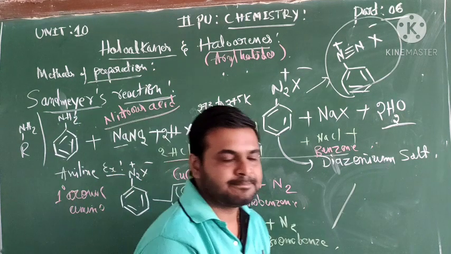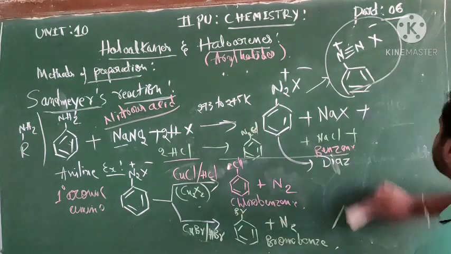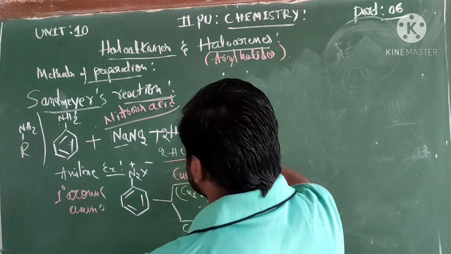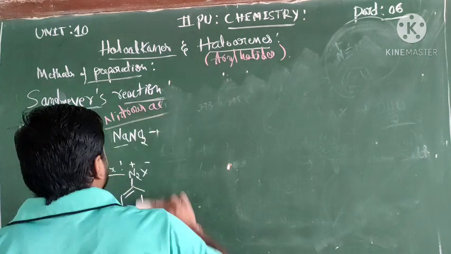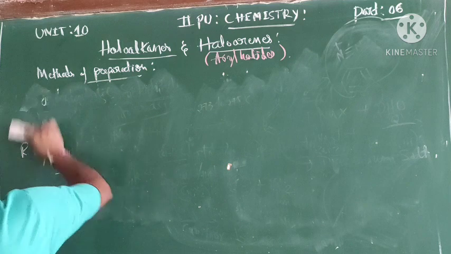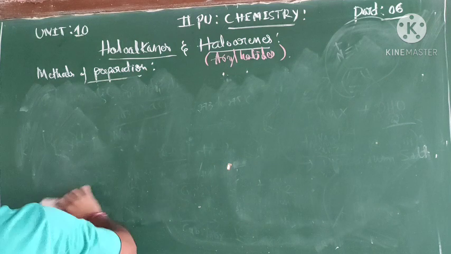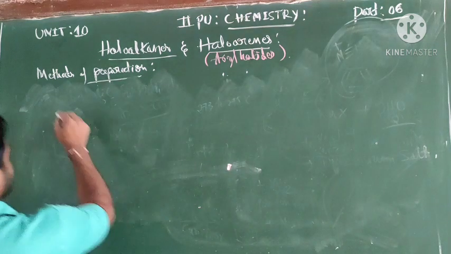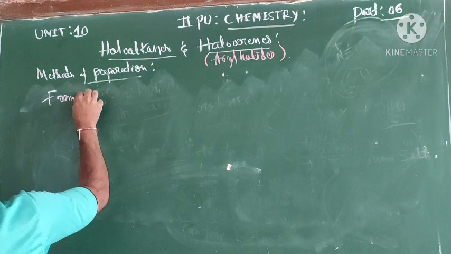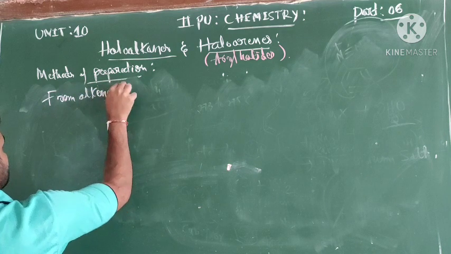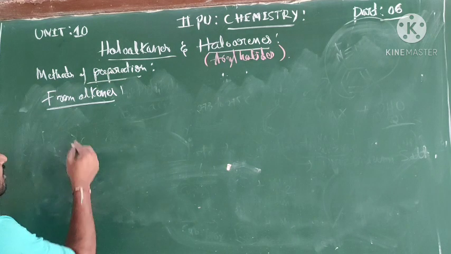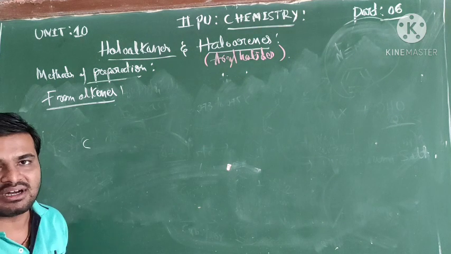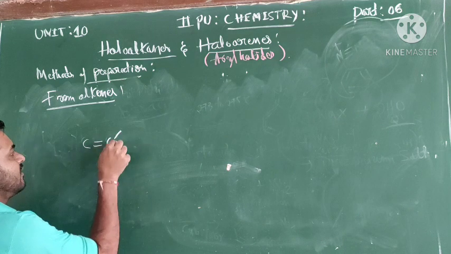Okay? So the next one is from alkenes. It's very important. From alkenes. Alkene means carbon-carbon double bond. Alkynes have a triple bond. Okay?